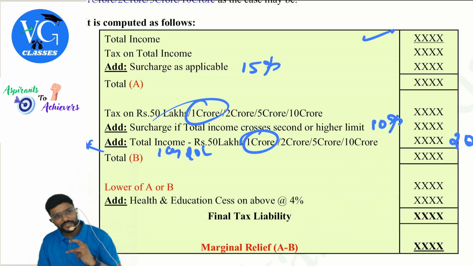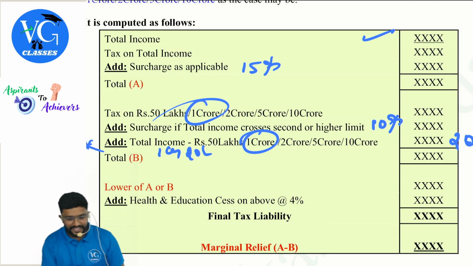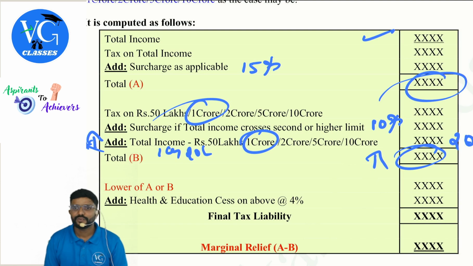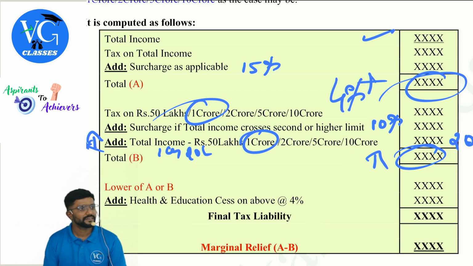When the total income is increased by a bigger amount, automatically this figure will go up, guys. When this goes up, B will go up and automatically B will become higher than A. So whichever is lower is what? A. This is your normal calculation, correct? So A plus 4% you will end up paying, which is nothing special for us. Is that clear?